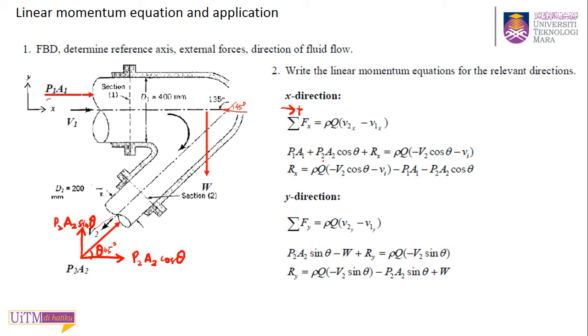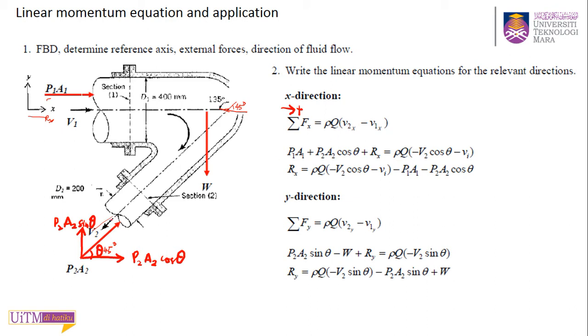So that's why you add, because this P2A2 cos theta is in the same direction as your reference axis. So P1A1 plus P2A2 cos theta plus Rx, this Rx. You want to find Rx, kan. Equal to rho Q V2X. Where is your V2X?